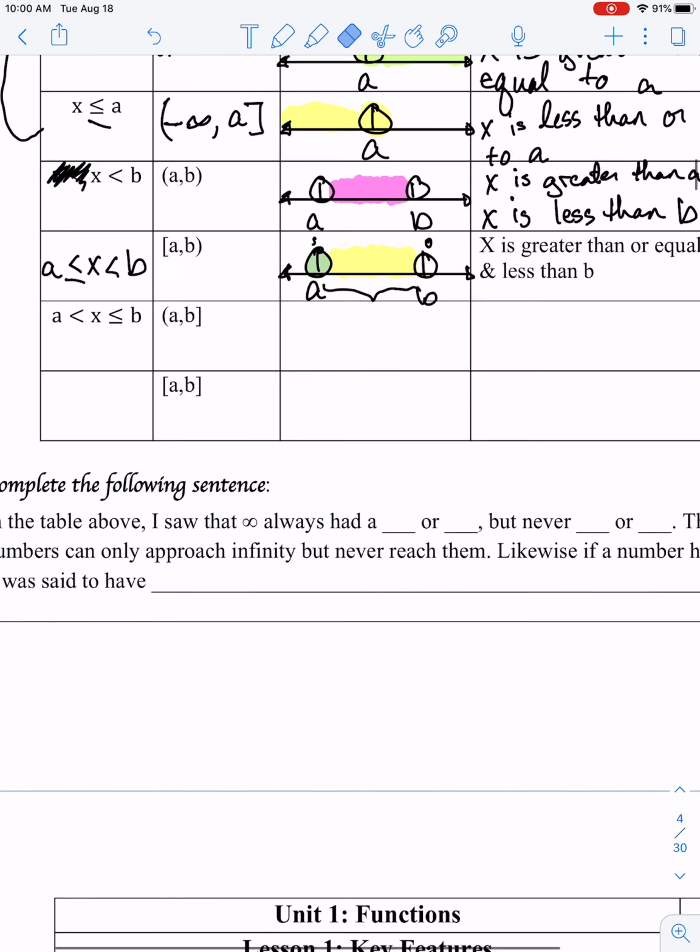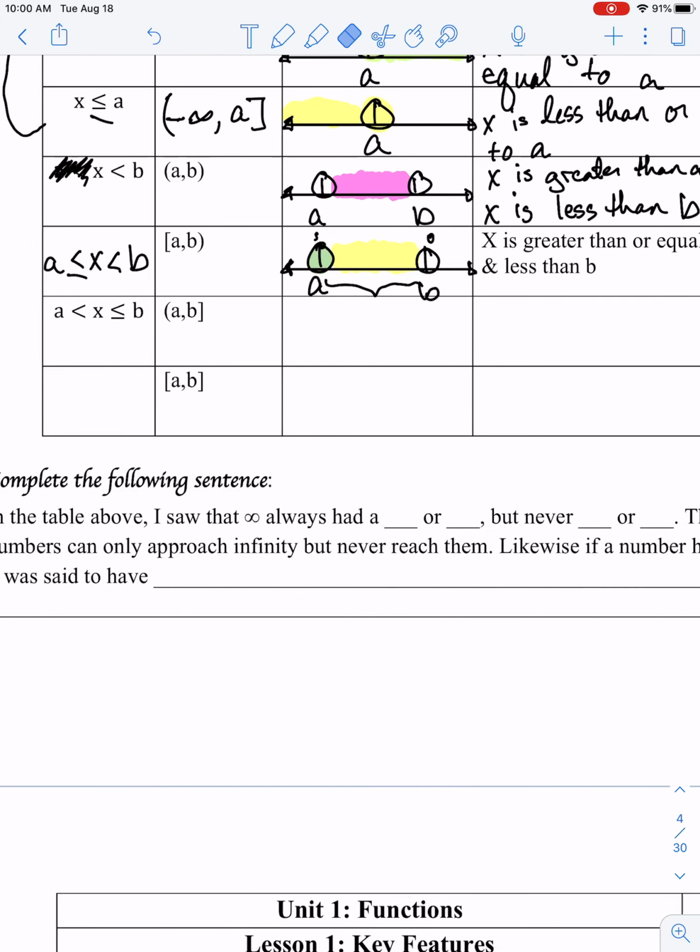Okay, the final two. X is greater than A, and X is less than or equal to B. So again, number line. A is to the left of B. I see an equals sign, so that means B is shaded. X is less than B, so I'm going to go to the left.